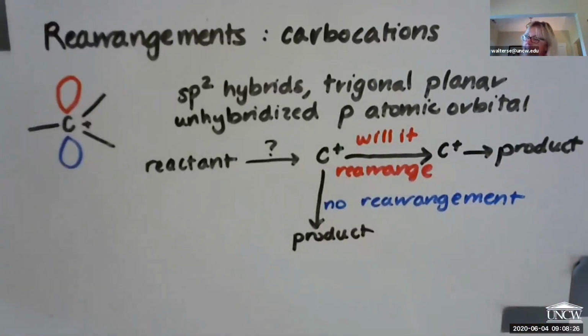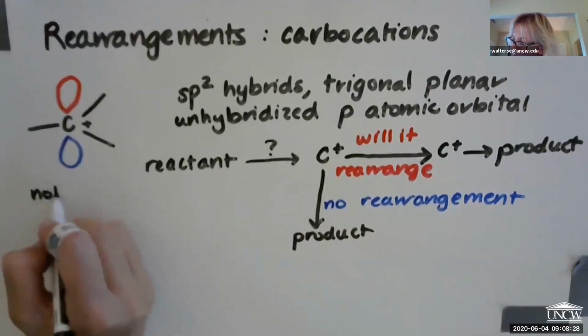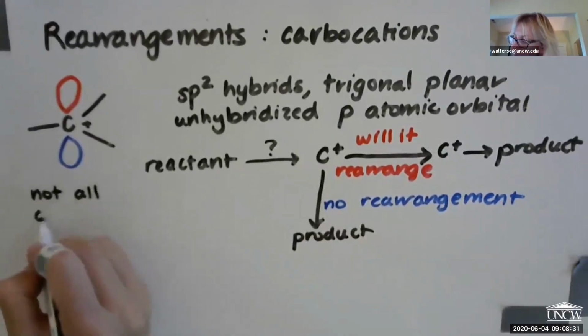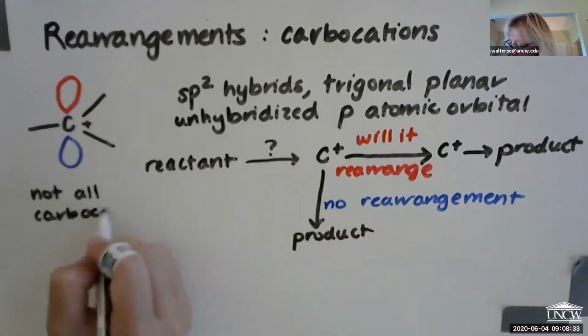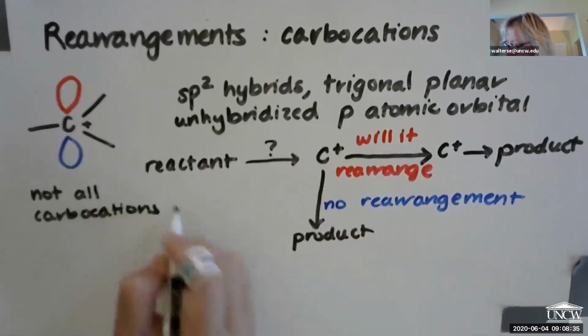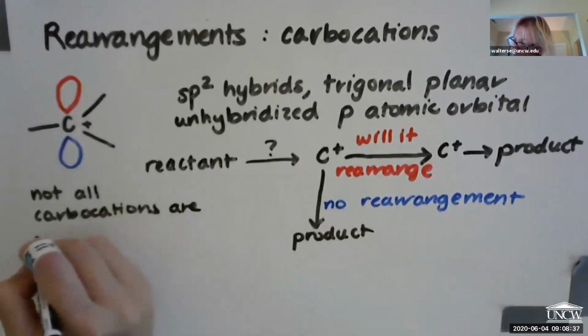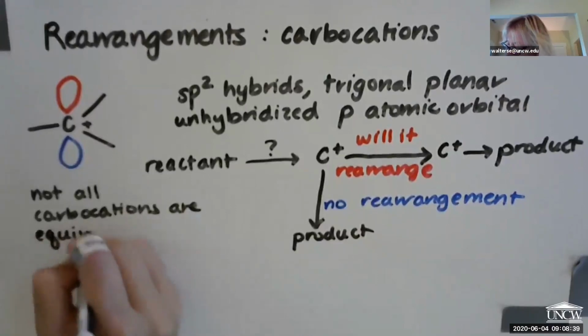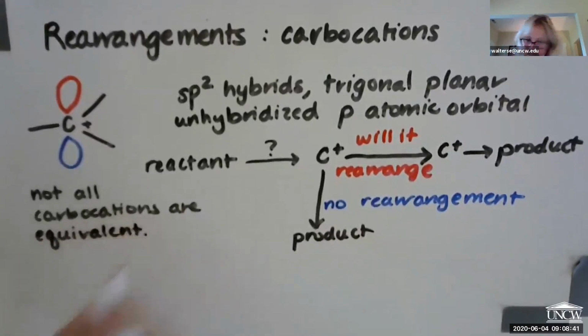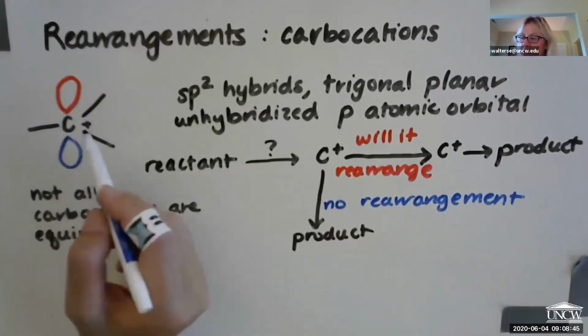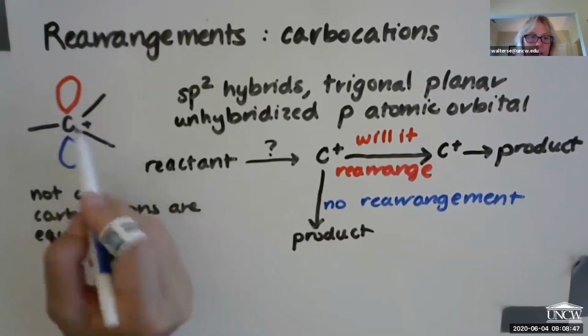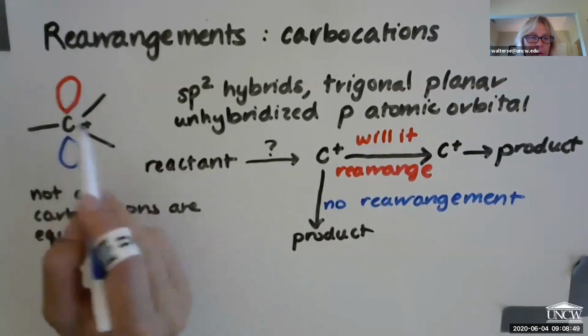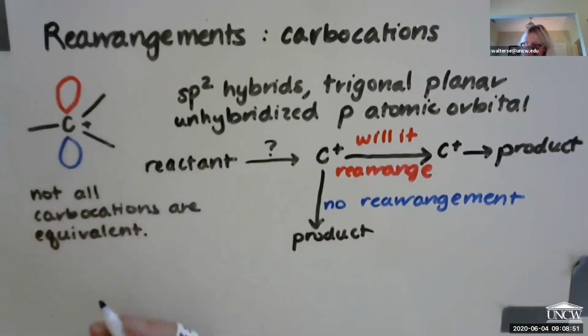So what that means is that not all carbocations are equivalent. They're all going to have this same structure around the carbon atom: 3 bonds, an empty p orbital, and a positive charge.